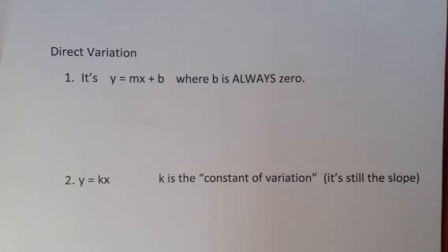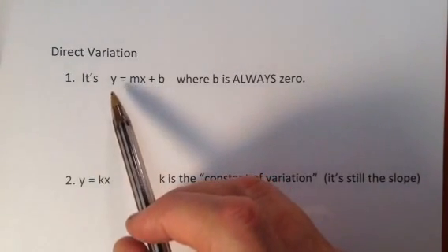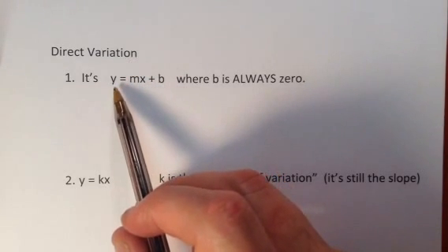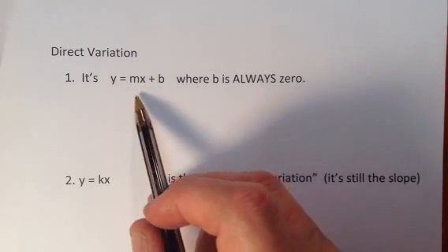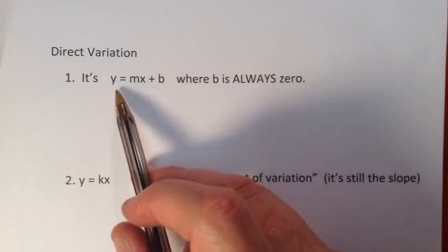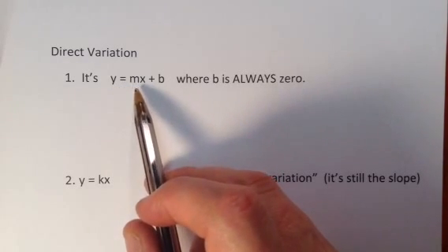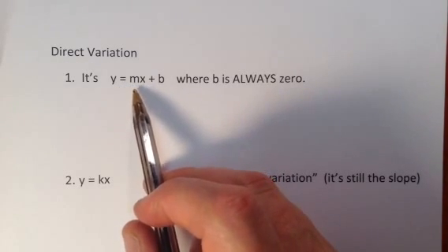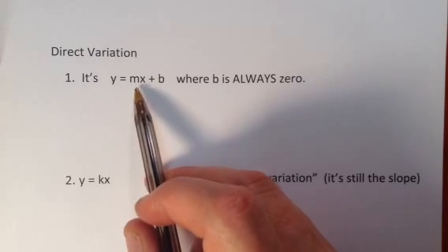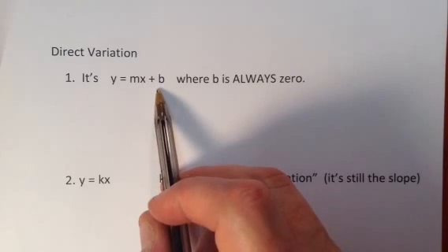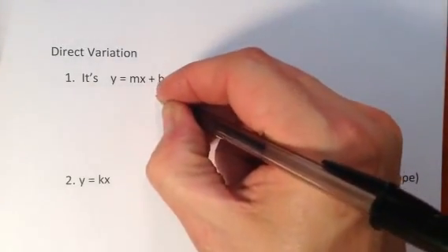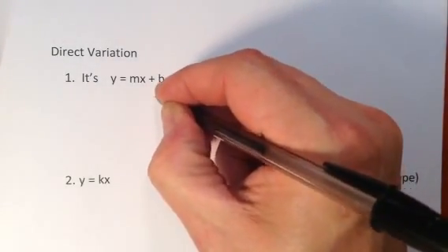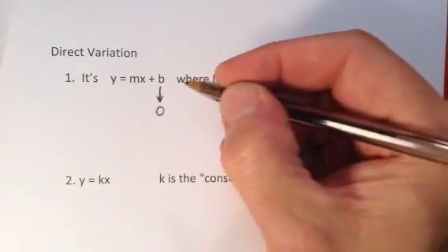All right, first thing, direct variation is a linear graph. It's really y equals mx plus b as it has always been, except there is one change, and that change is b is always going to be 0. So my y-intercept in every direct variation is going to be 0.